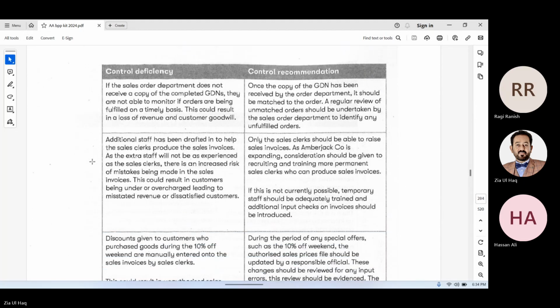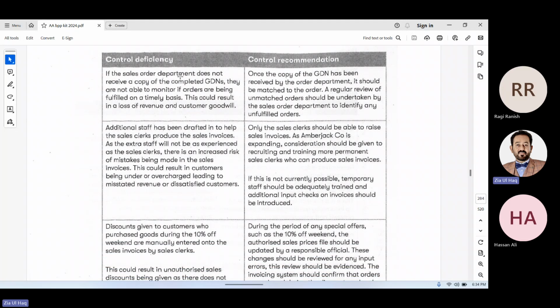Control deficiency and control recommendation. If the sales order department does not receive a copy of the completed GDN, they are not able to monitor if orders are being fulfilled.